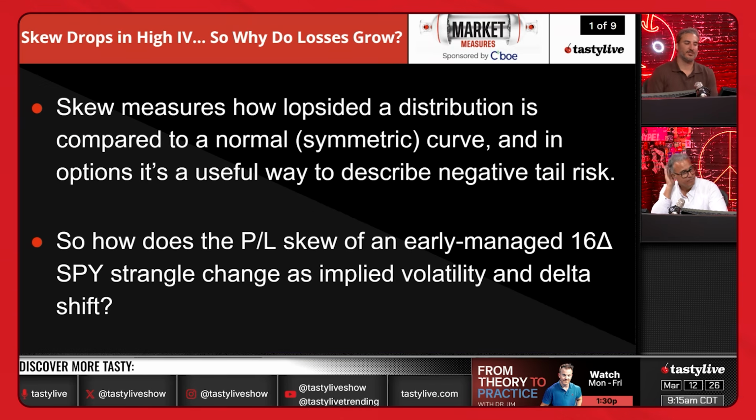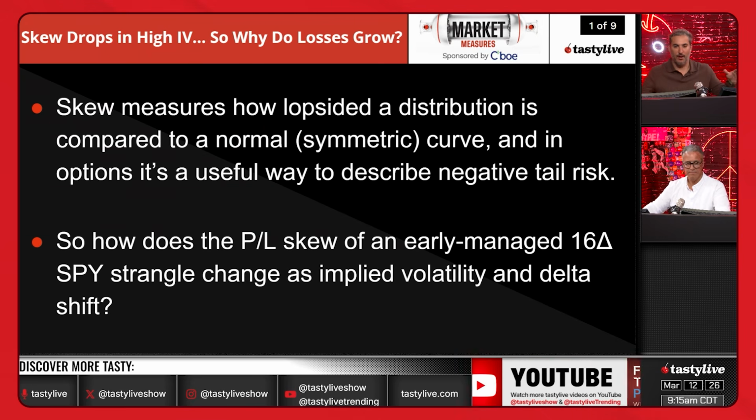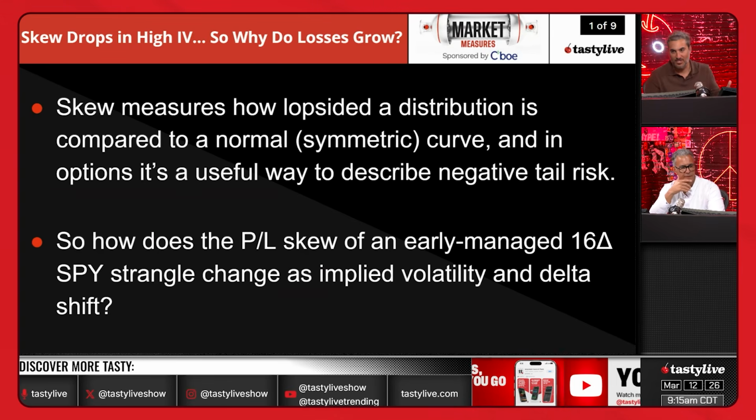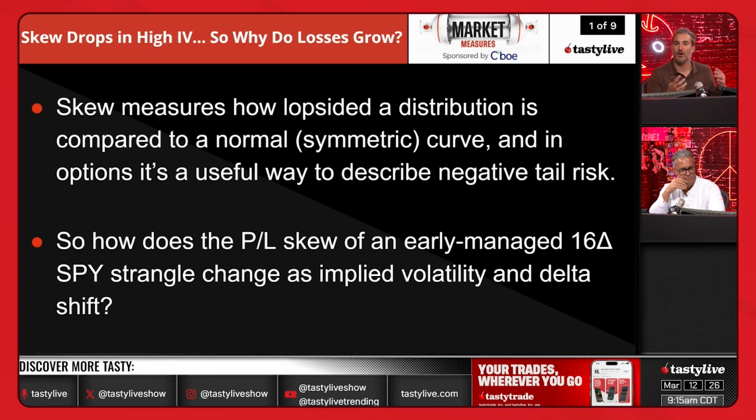So skew measures how lopsided a distribution is compared to the normal symmetric curve. Normal distributions are equal on both sides. The skew will skew to one side, and we'll give you a visual for that. With a lot of equities, specifically an equity index like SPY or QQQ, individual stocks can vary, but with an index, you're going to see a negative skew, a negative tail risk priced into the options.